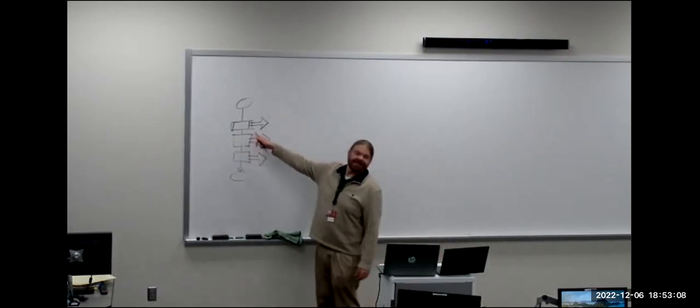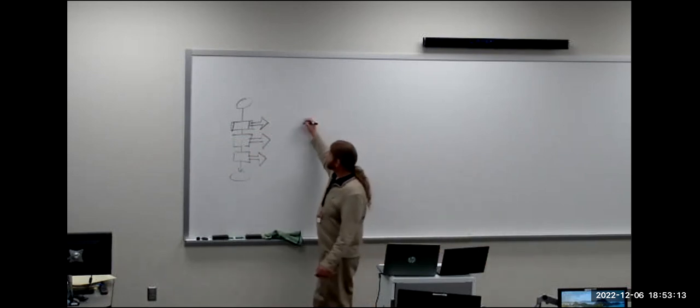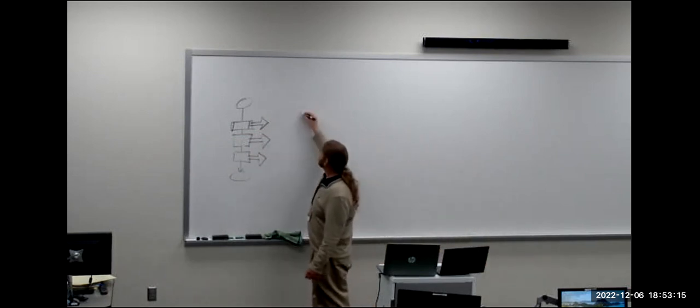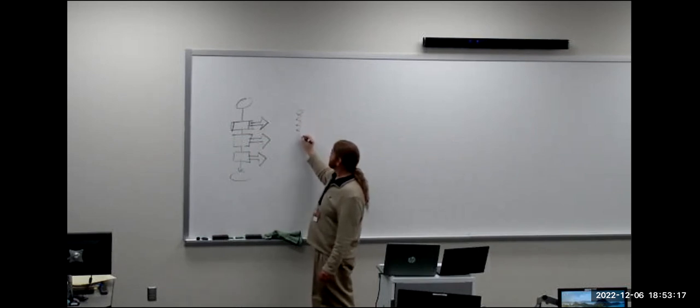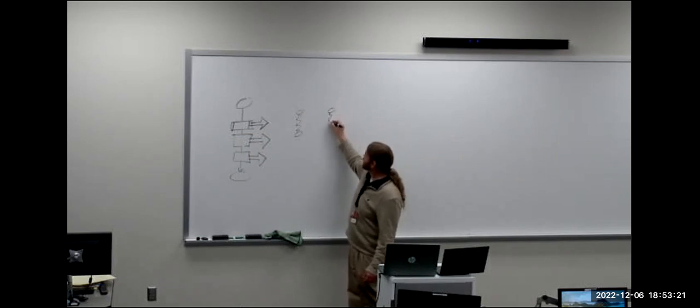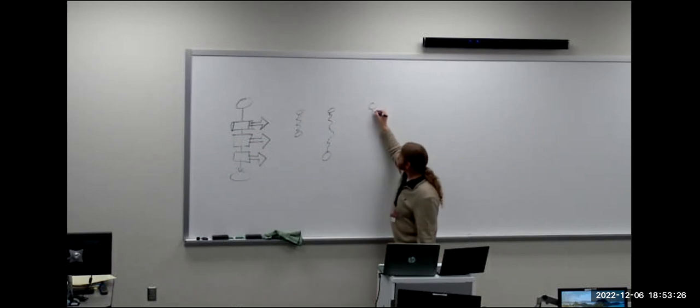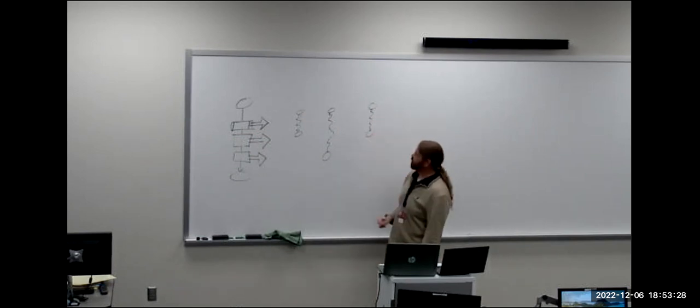Our main path is just calling a bunch of external methods. So maybe the first one, I'll just kind of draw it like this and abbreviate it. Second one, something like this. Maybe another little short one like that.